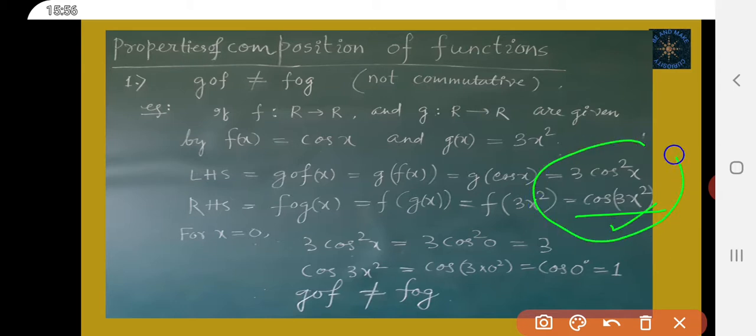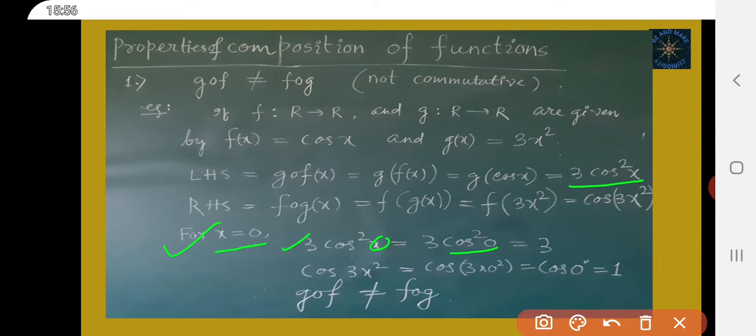See the result of LHS and RHS. They are different, they are not equal. For example, for x equal to 0, LHS is 3 cos square 0, and cos 0 is 1, so 3 into 1 is 3.